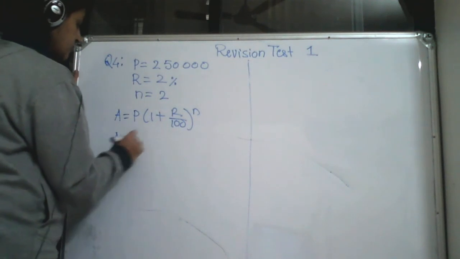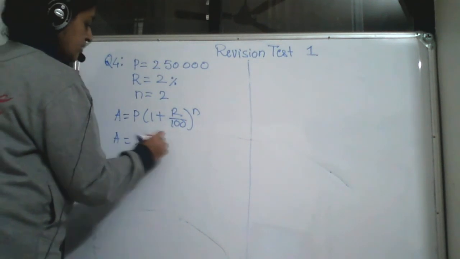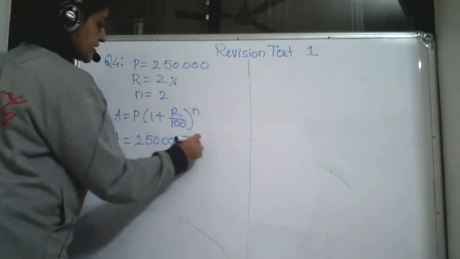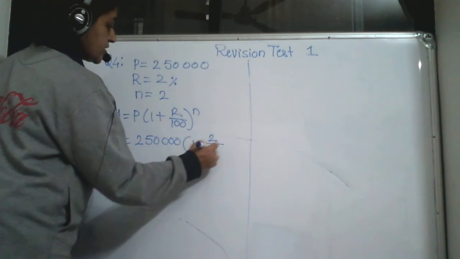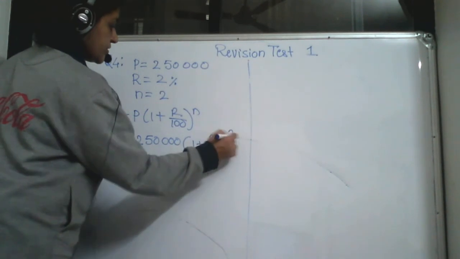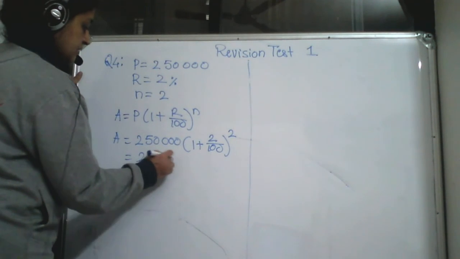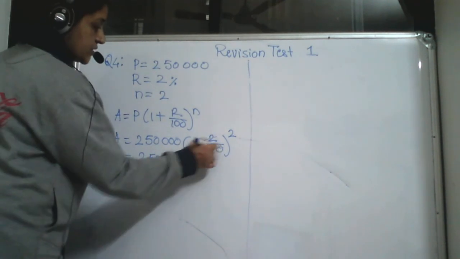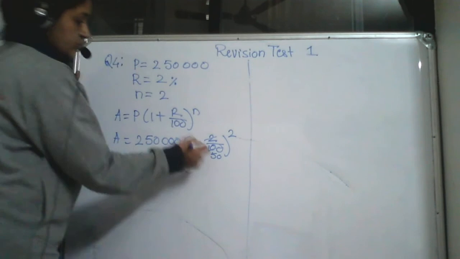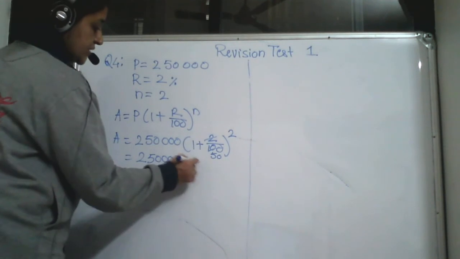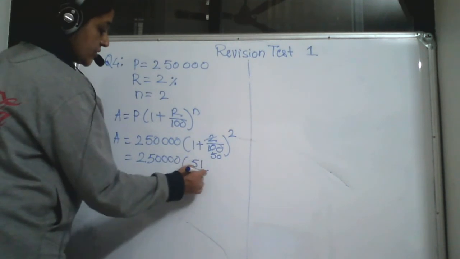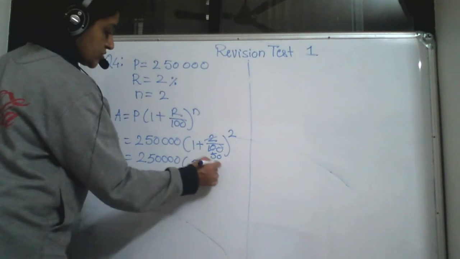A is equal to 2,50,000 into bracket 1 plus 2 upon 100 to the power 2. So when you simplify it, you will get 51 upon 50 raised to the power 2.